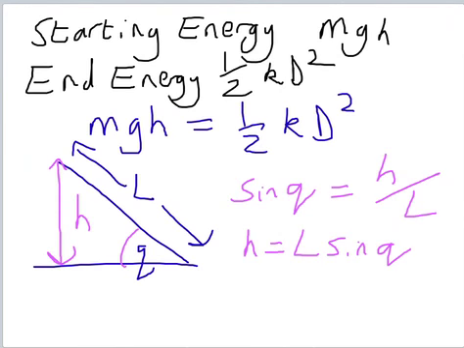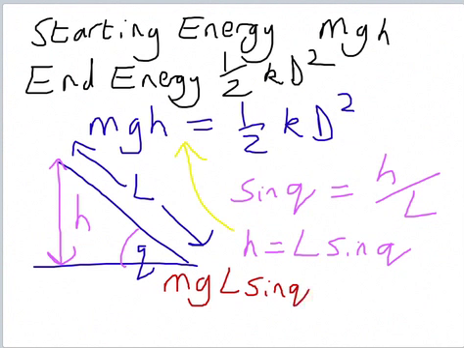Substituting this back into here, we have mgL sine q equals half k d squared.